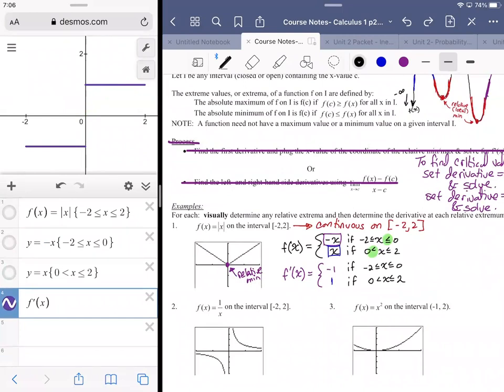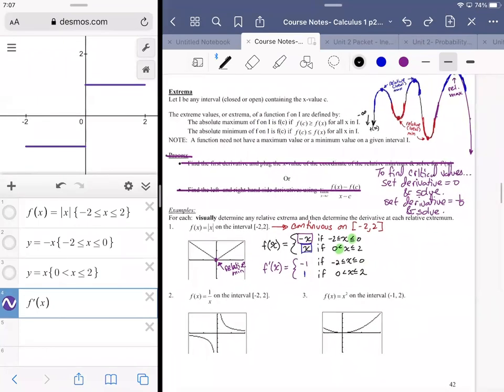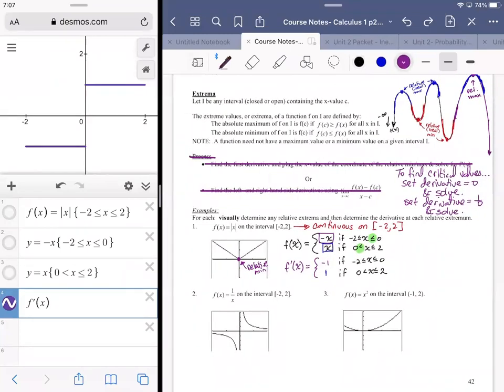If I look for the derivative at the x value of 0, this is the derivative graph. I got a problem here because one side says it's -1, the other side says it's +1.